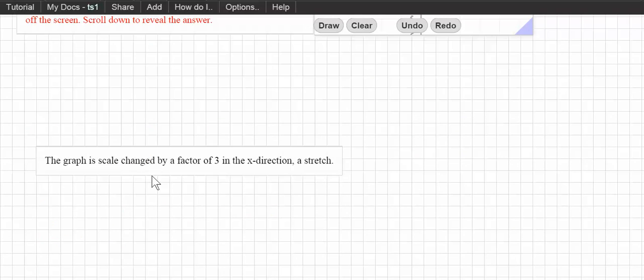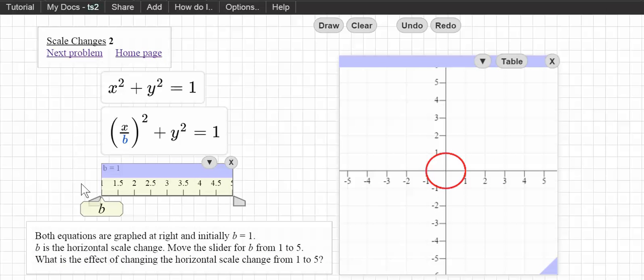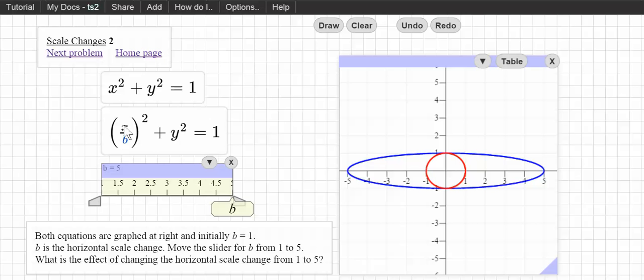The graph is a scale change by a factor of 3 in the x direction, which is a stretch. In general, you can see this stretch by changing b from 1 to 5 and see it being stretched in the x direction.